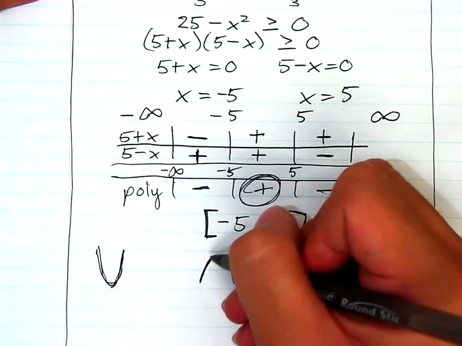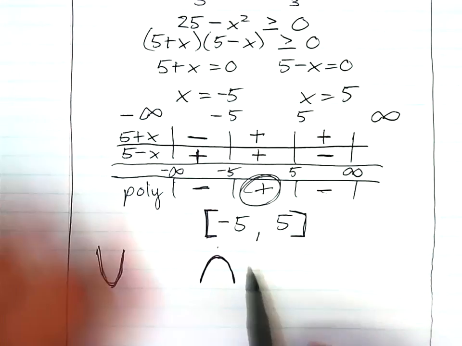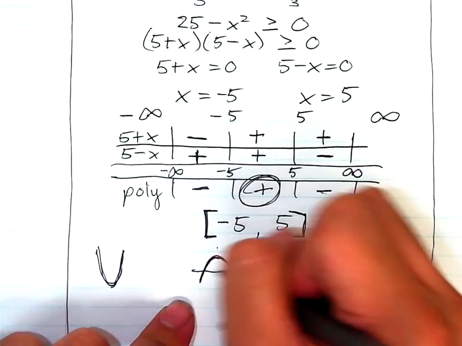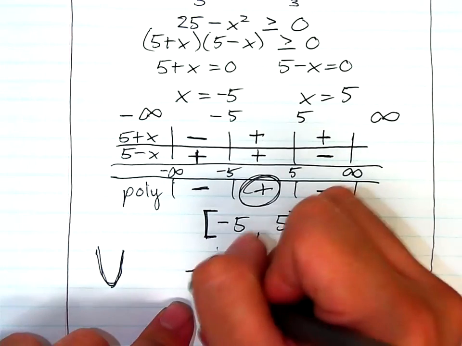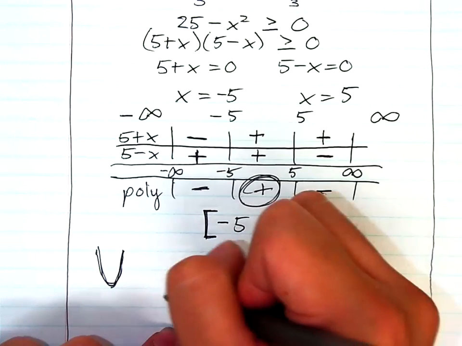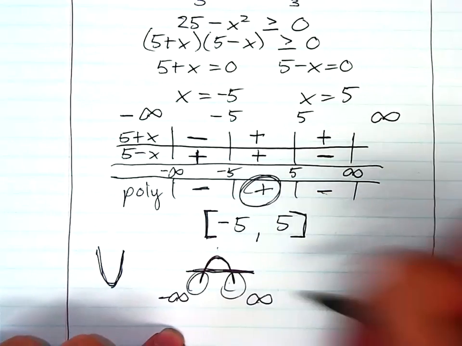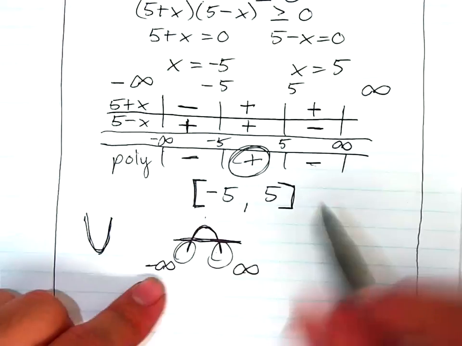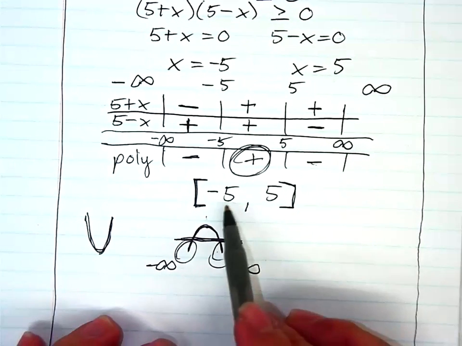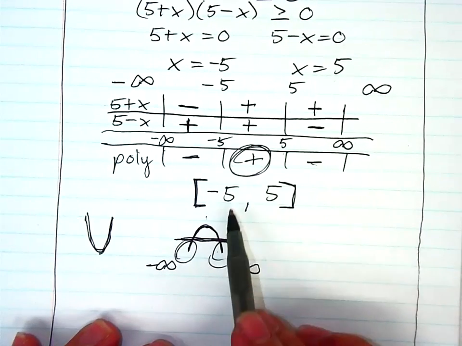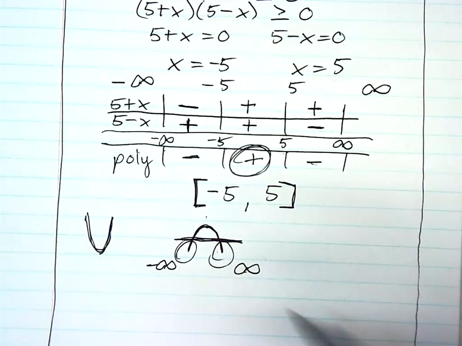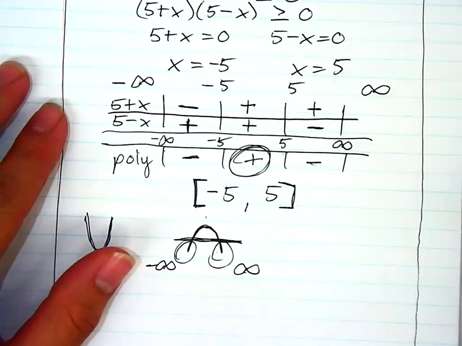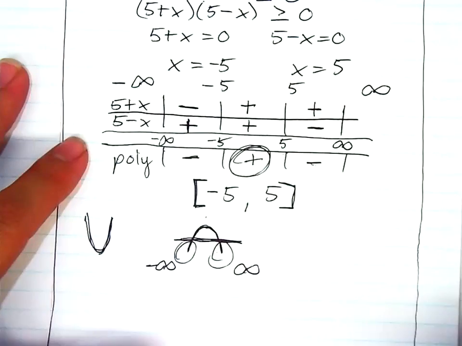And if you're thinking about it, we need these values to be in the positive region. But I know that at some point it's going to cut off. So anything going towards the infinity directions are going to be below the 0 line. So it would have been logical to go ahead and just say negative 5 and 5 would have been the interval to choose from. However, if that logic doesn't really apply yet, go ahead and just use this table to show yourself that this would be the correct interval.